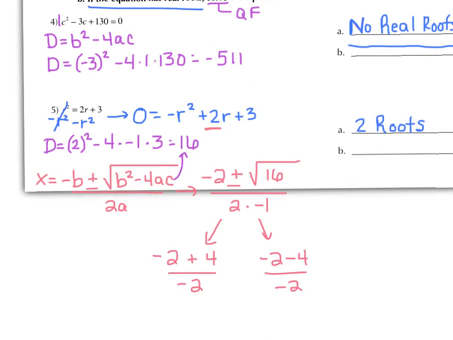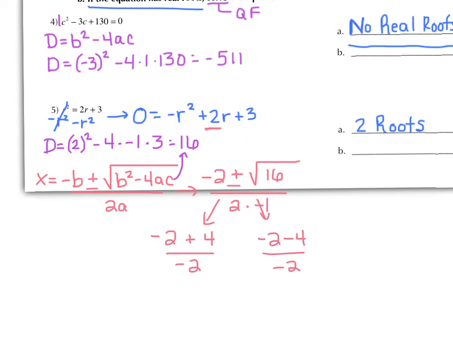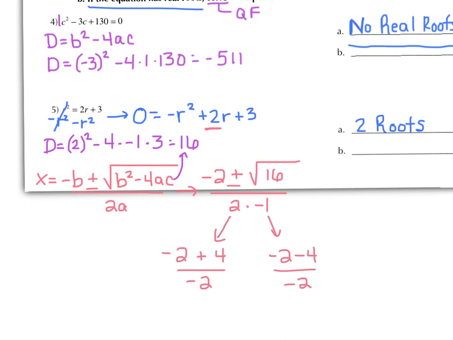Again, that 4 came from, I just did the square root of 16 and got 4 and negative 4. Okay? So, negative 2 plus 4 is positive 2, and 2 over negative 2 is negative 1. Negative 2 minus 4 is negative 6, and negative 6 over negative 2 is positive 3. So my 2 roots are negative 1 and 3.